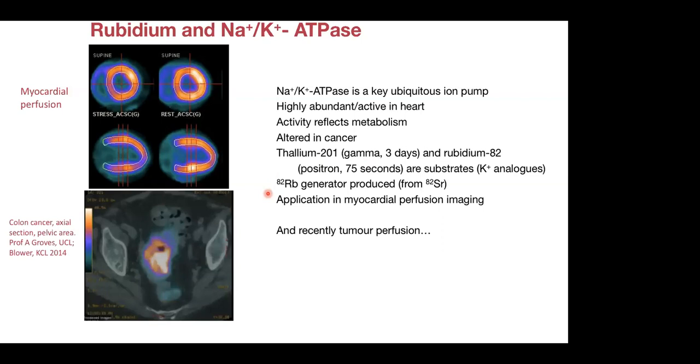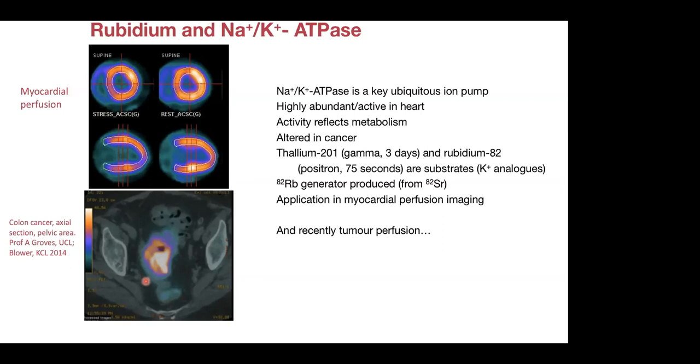And so, in collaboration with colleagues at University College London, Ashley Groves, while studying patients in both cardiology and cancer, looked at some patients with a range of cancers actually, but this one is a colorectal cancer. So you see at the bottom here a cross section in the lower pelvic area, and you see high uptake of the rubidium-82 in the tumor.